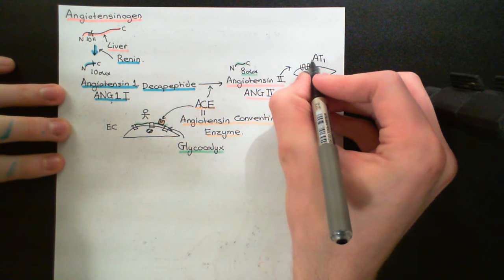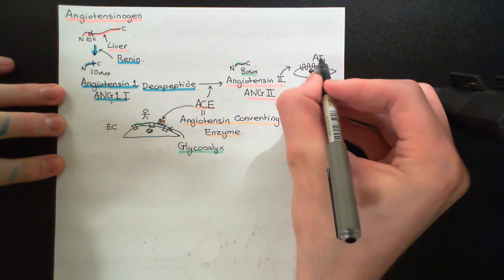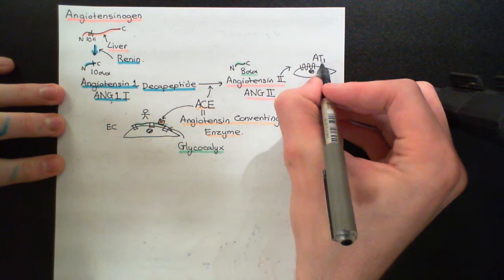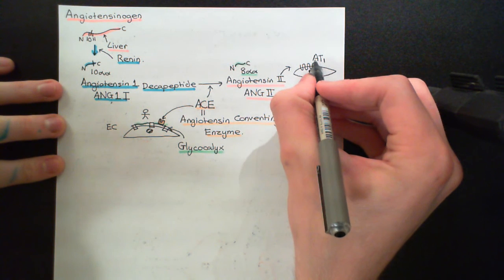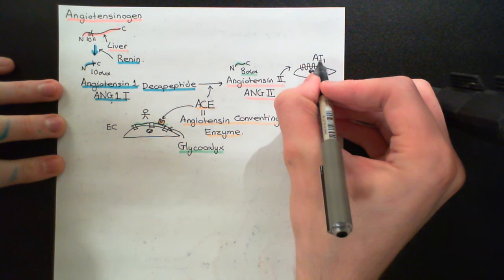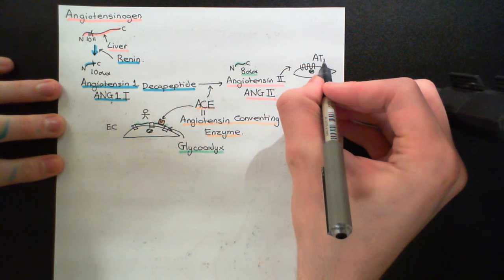Now, people always interpret the name of this wrongly. They say angiotensin 1 receptor. No, it is not a receptor for angiotensin 1. The A is for angiotensin. The T then is for 2, so angiotensin 2 receptor subtype 1.